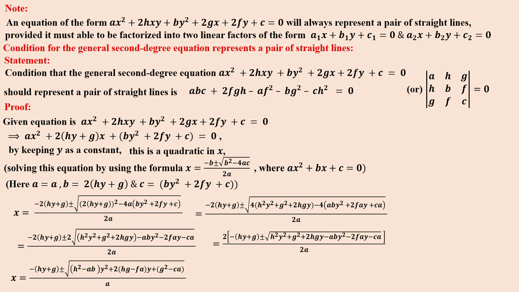Then group the y term: 2(hg - fa)y, then the constant term g² - ca, all divided by a. Now cross multiply with a: the right hand side denominator is a, so on the left hand side we get ax = -(hy + g) ± √((h² - ab)y² + 2(hg - fa)y + (g² - ca)).